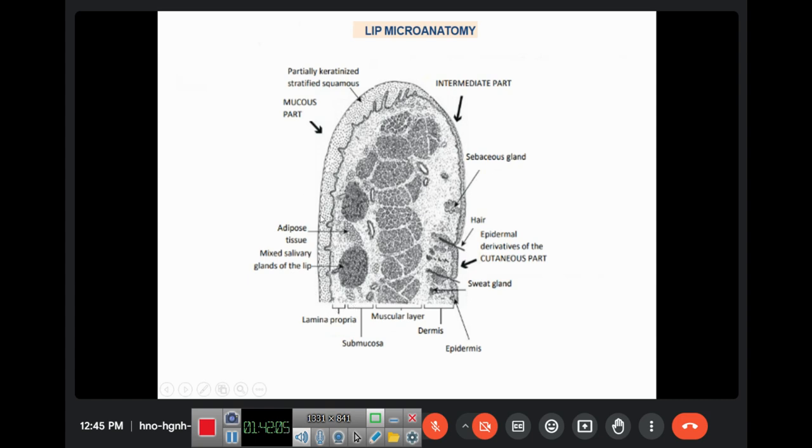Mucous part has the mucosa, which contains partly keratinized or non-keratinized stratified epithelium and lamina propria mucosa, and then goes submucosa with a lot of secretory portions of the mixed salivary glands of the lip, or labial salivary glands, and lobules of adipose tissue. Submucosa is connected to the muscular layer with the help of thick bundles of collagen fibers which go from the lamina propria mucosa directly towards the muscular layer.